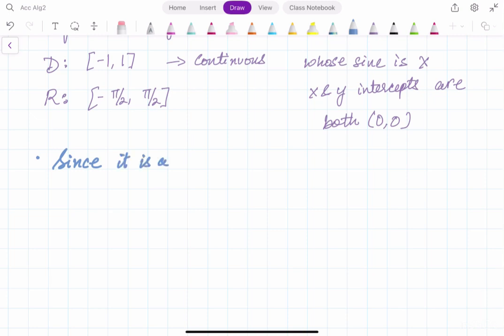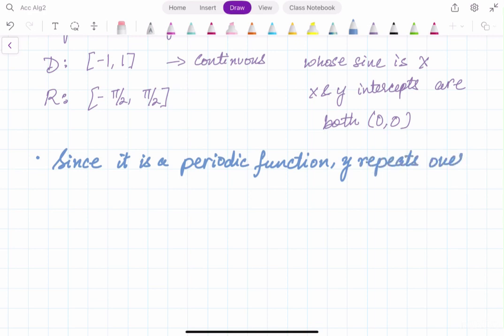So since it is a periodic function, for a sine function or the cosine function or the trig functions to have the inverse, it needs to have a domain restriction. Without the domain restriction, there cannot be any inverse functions, because y repeats over and over again.